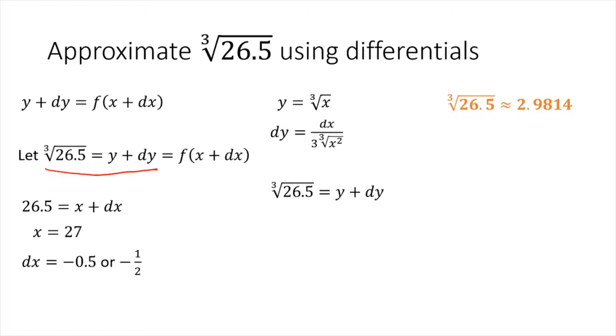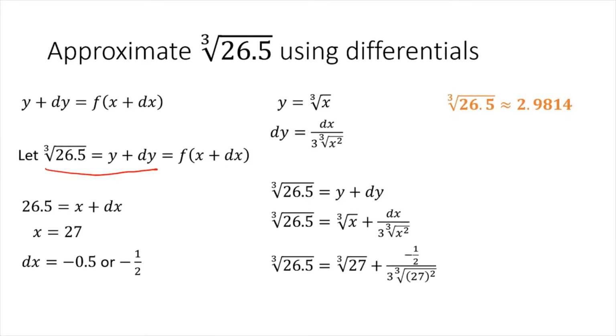Then plug in again the equivalent expressions for y and dy. y is cube root of x, dy is dx over 3 cube root of x squared. Plug in the values of x and dx. This will give us cube root of 27 plus negative 1 half divided by 3 times cube root of 27 squared. Cube root of 27 is 3.